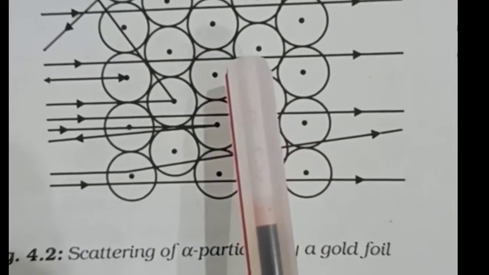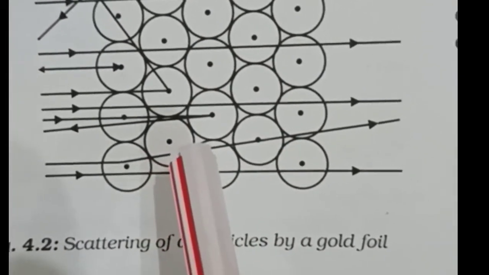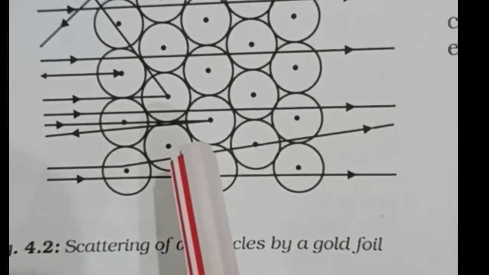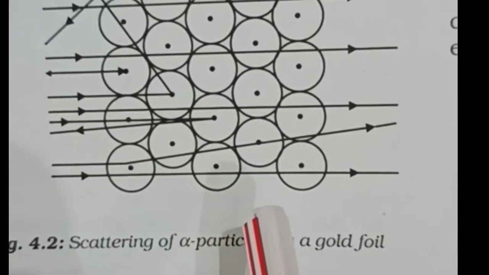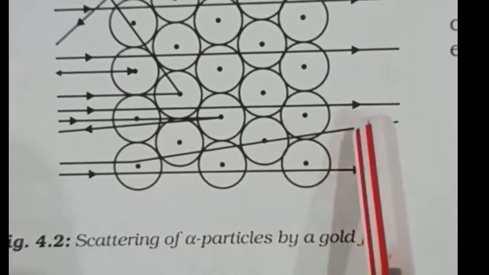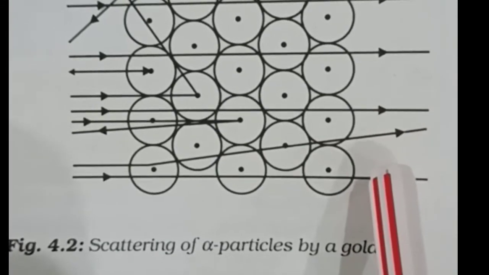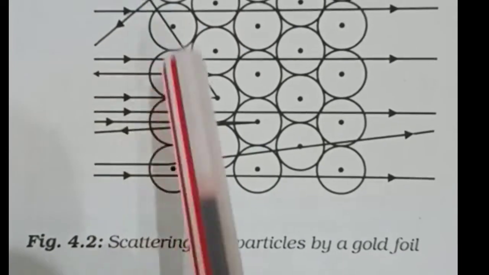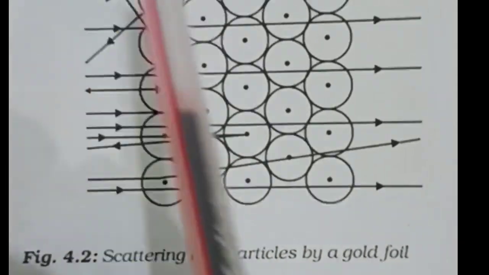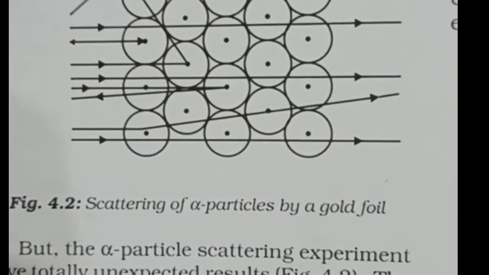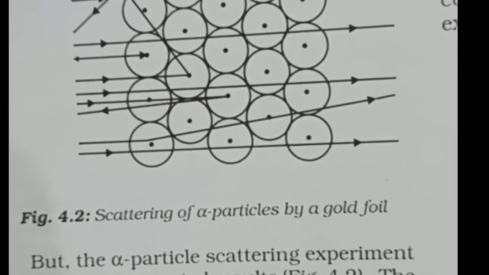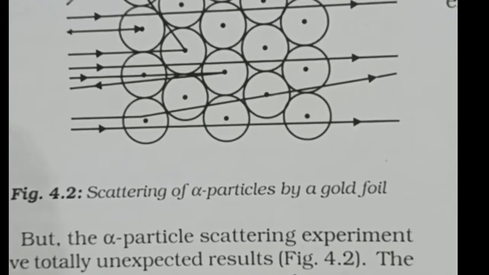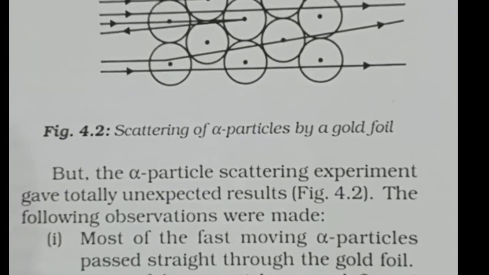It was also observed that a few alpha particles bend to small angles, and a very few rebound on hitting, coming back in the same direction from which they were going. 1 out of every 12,000 particles appeared to rebound.